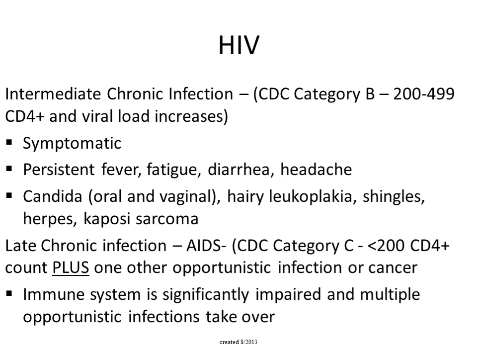Okay, the late chronic infection, also referred to as AIDS. These categories are outlined by the CDC. So the person who has AIDS has a CD4 count less than 200, and they have one of the other opportunistic infections or cancers.